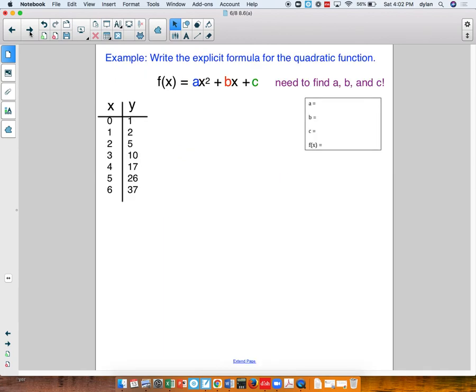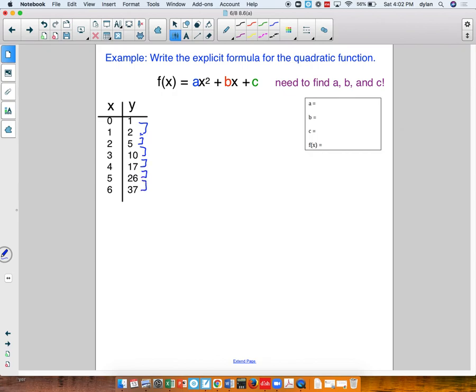So let's go through an example together here. Imagine this is my table, and you can see this on your note sheet too. Our goal is to come up with our equation. The first thing we're going to do is find our common second difference. To do that, we need to find our common first difference first.